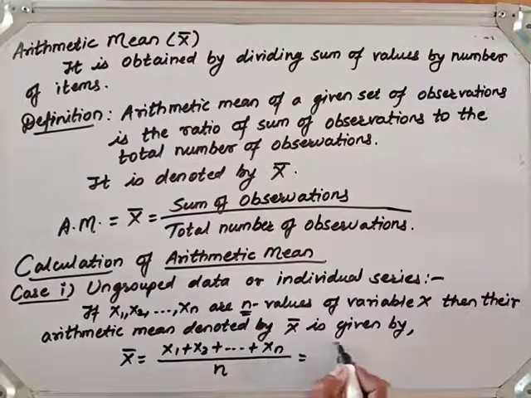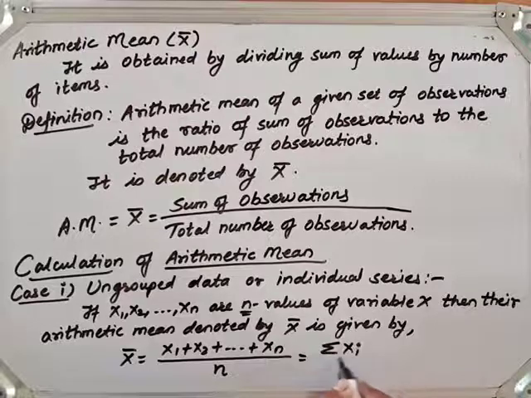That is the same as summation xi, i going from 1 to n, upon n. This is the result for that.